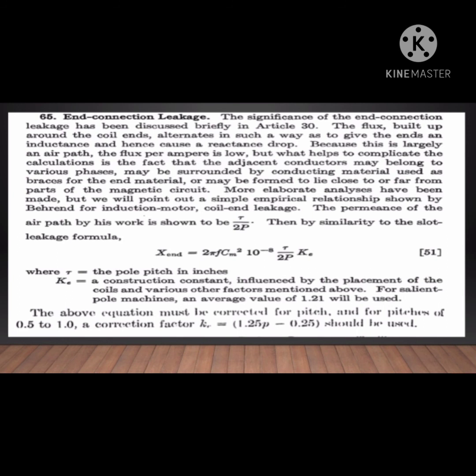The K is a construction constant influenced by the placement of the coil and the various other factors mentioned. That is our KE.